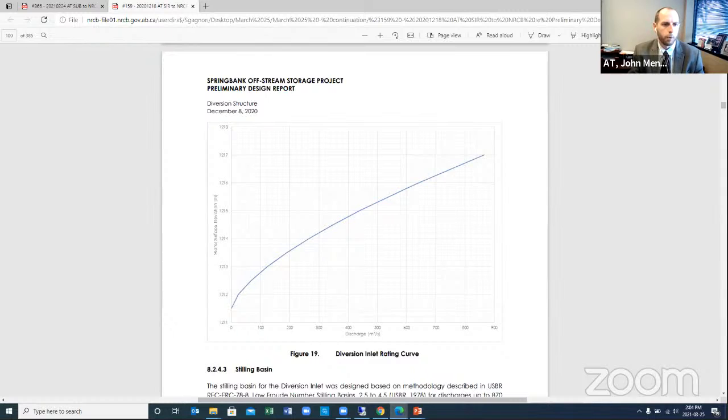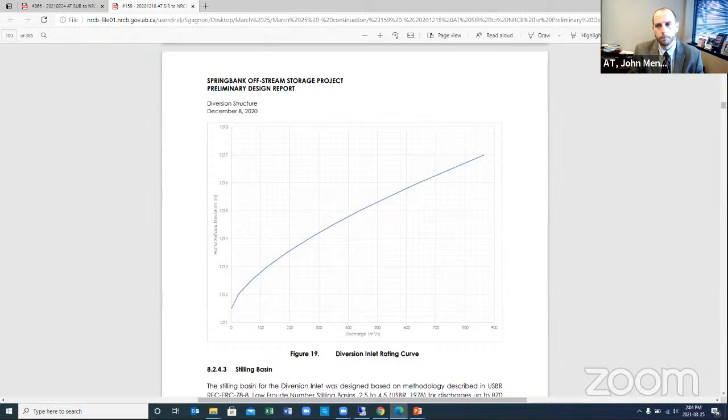Exhibit 174, which is Appendix C of the preliminary design report, the hydraulics section, and it is page 70 of the PDF, is a good illustration of the effect.